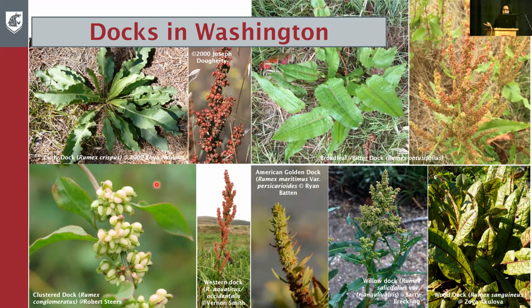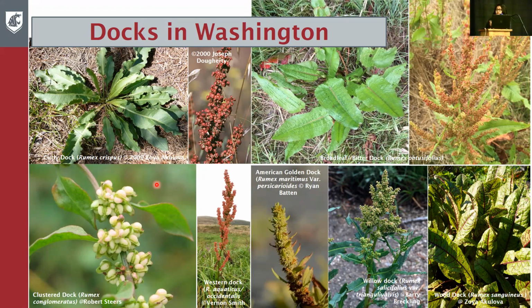In the picture here, you can see clustered dock, western dock, American garden dock, willow dock, and also wood dock. On the upper side are curly dock and broadleaf dock. However, in agricultural areas, the major concern is curly dock and broadleaf dock. If anyone says they have a problem with dock, it is referring to curly dock or broadleaf dock.